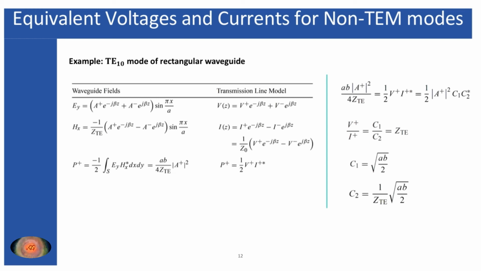Whenever you replace the values of C1 and C2 in the original expressions of EY and HX, where A plus and A minus are replaced by V plus and V minus divided by C1, and similarly A plus and A minus in the case of the magnetic field are replaced by V plus and V minus divided by C2, you will get a transmission line equivalent model corresponding to the microwave devices.